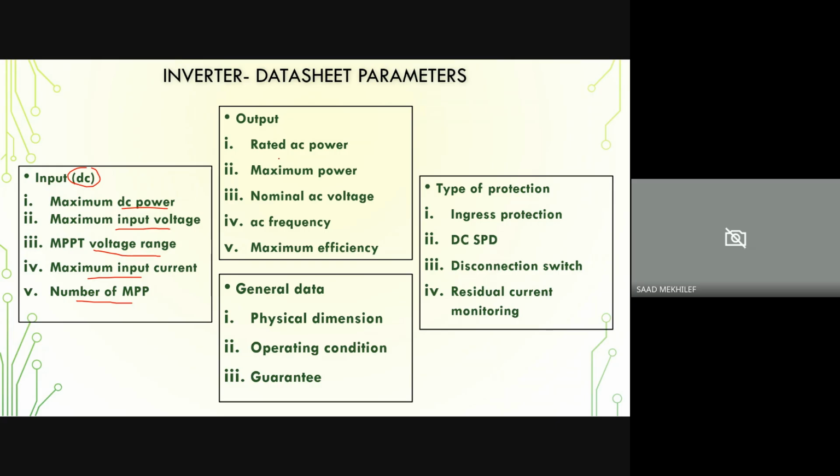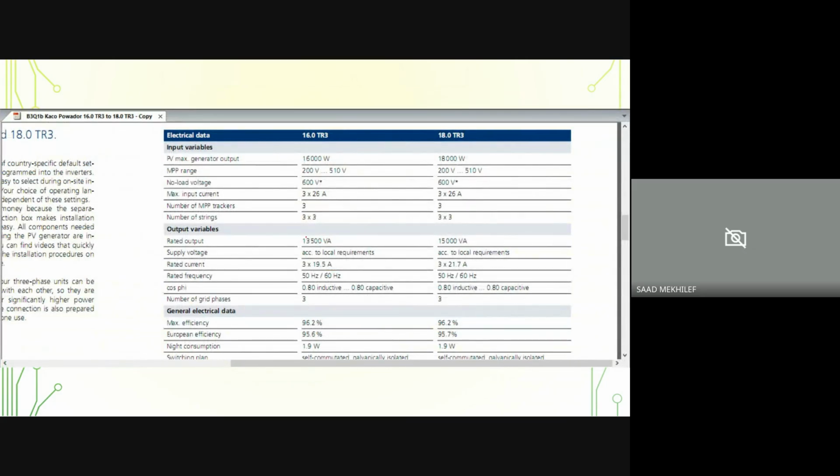Then the output: what is the rated AC power, maximum power, frequency, and the maximum efficiency? Maximum means efficiency is not constant. And then there are different types of protection that can be used. This is a data sheet of an inverter. You can see here 16 kilowatt. The voltage range, the operating range, is what I mentioned just now.